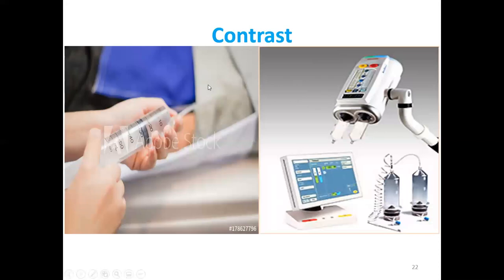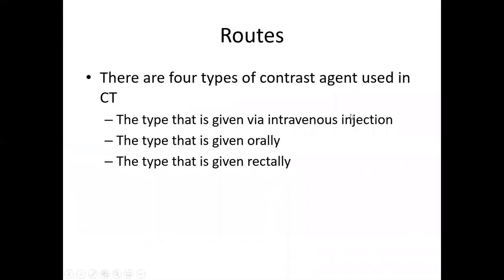Then contrast agent. There are two ways you can give contrast: manually or by automatic contrast infusion. It is all digitally controlled, and most CT scans now are digitally controlled. Contrast used in CT is given by intravenous injection.